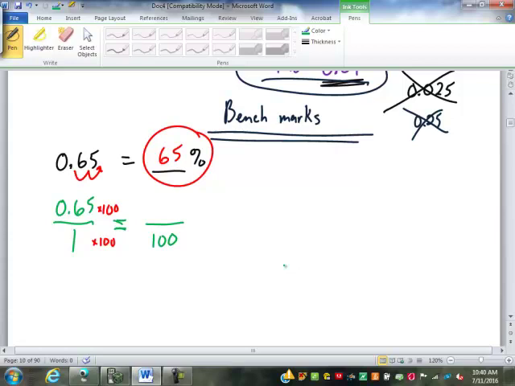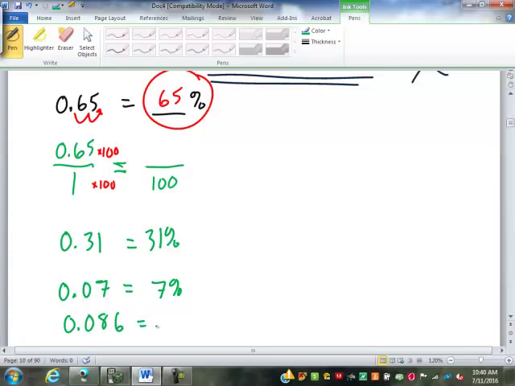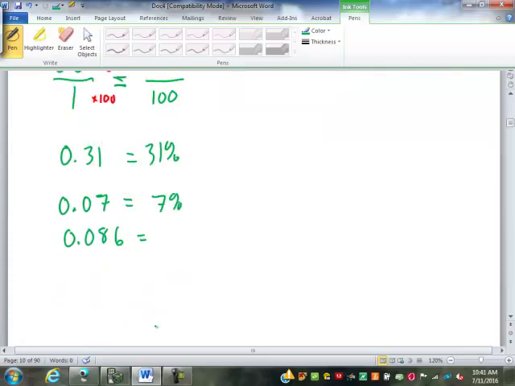So what if I have 0.31? What's that going to become as a percent? 31%. Good. 0.07. What's that going to become as a percent? 7%. 0.086. What's that going to become as a percent? 8.6%.